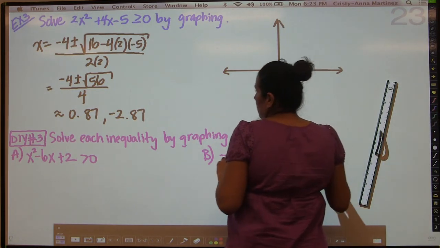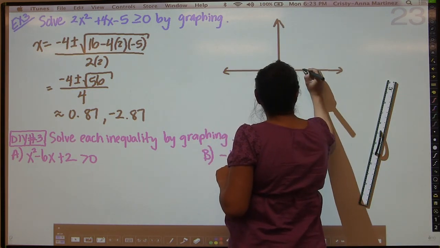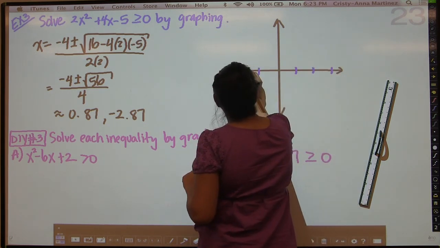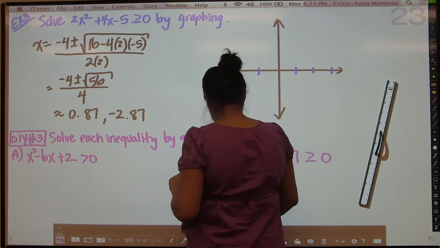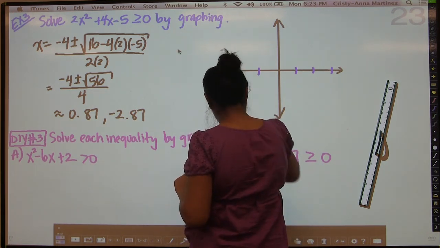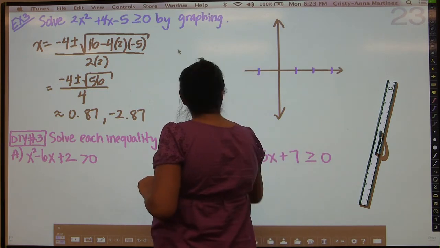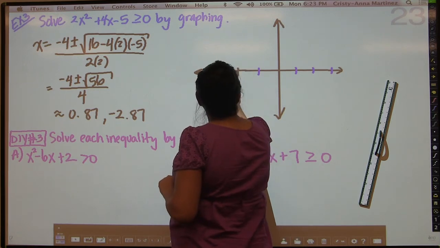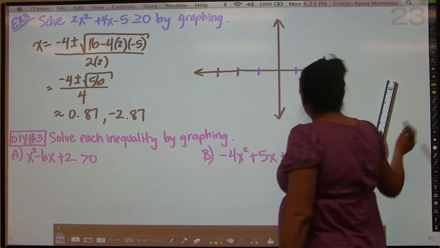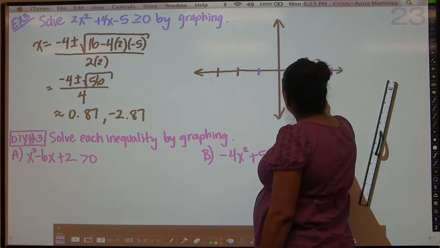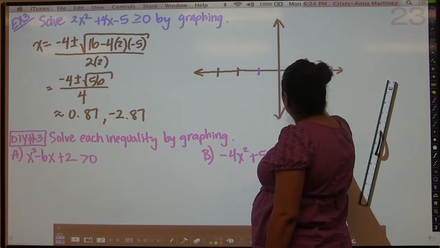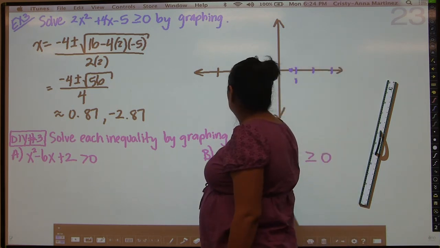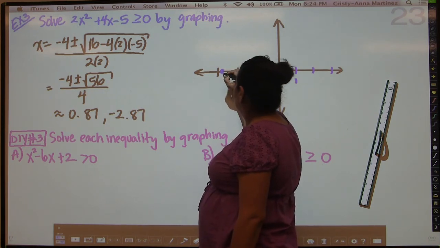So, I'm going to go 1, 2, 3, 1, 2, maybe we need to keep going a little further. 1, 2, 3. Okay? So what's happening here is I got 0.87. If this is 1, then 0.87 is roughly right here somewhere, close to 1 but not quite there yet. And -2.87 is close to -3 but not quite there yet. So those are my two zeros.